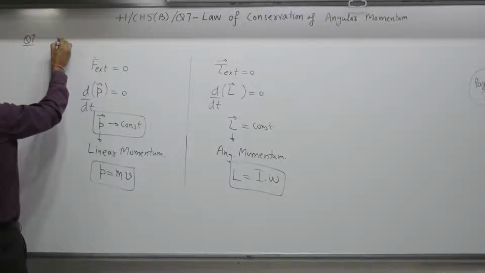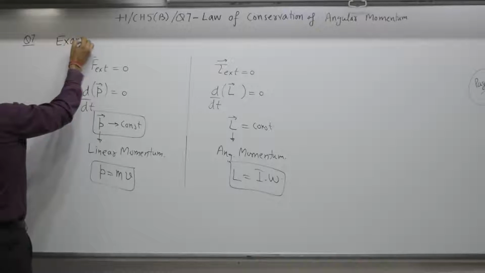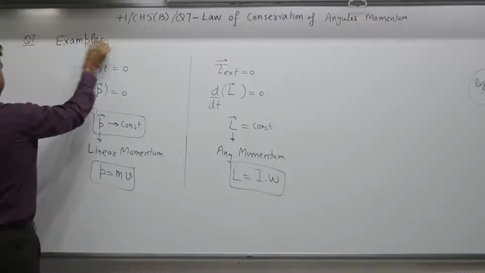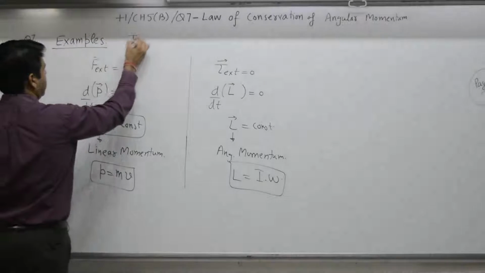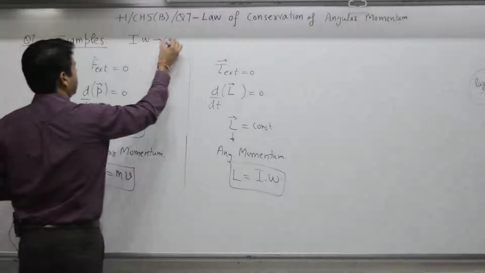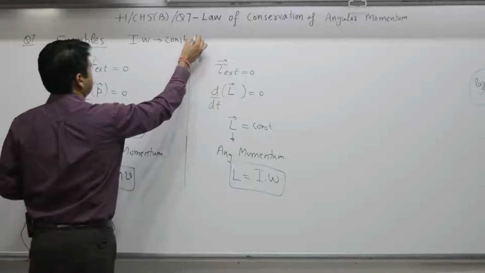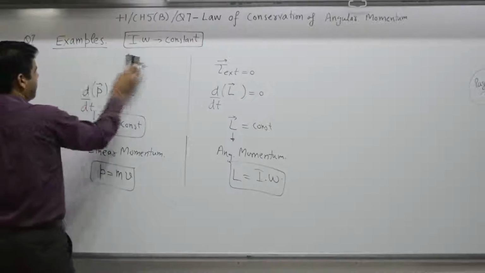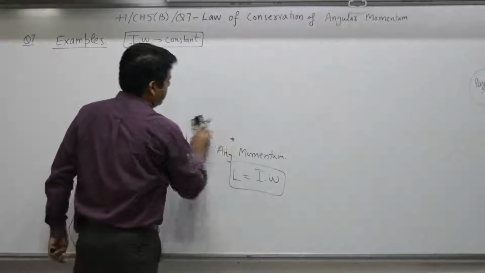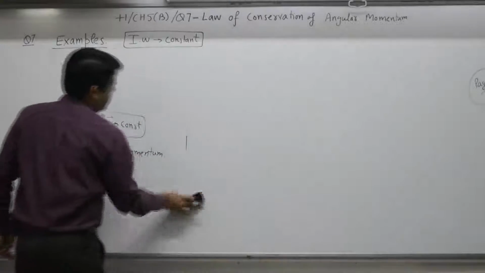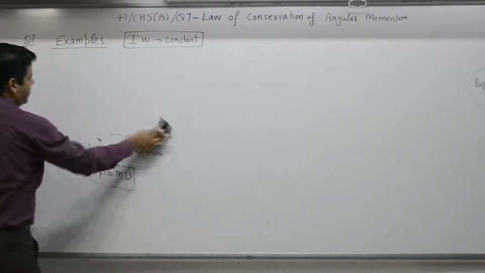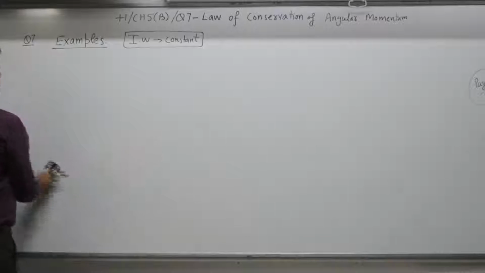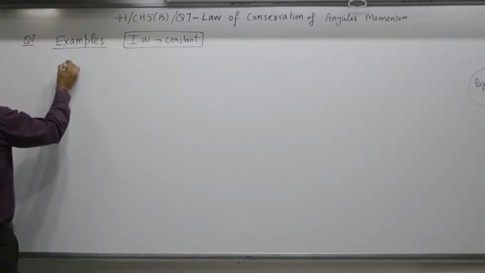Now we take up examples. For I into omega remains a constant. Example number 1.